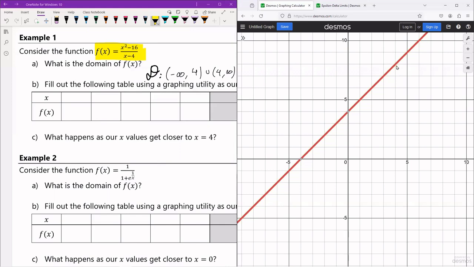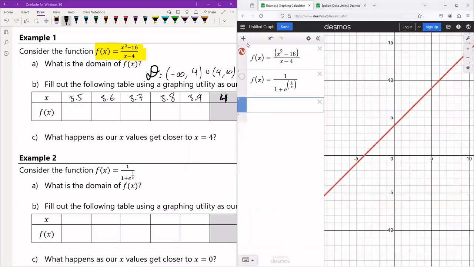The way that I'm going to do that is I am going to choose values that get closer and closer to 4. So this is that value 4 that we can't plug in, right? I'm going to choose 3.5, 3.6, 3.7, 3.8, and 3.9, okay? What I want to show you guys is how Desmos does the computation for you.